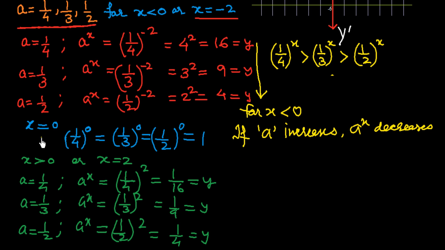Now here you see, if x is equal to 0, the value of all a power x is 1. So we get a power x is always 1.